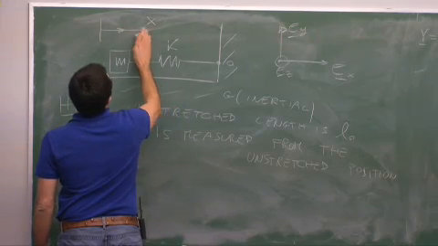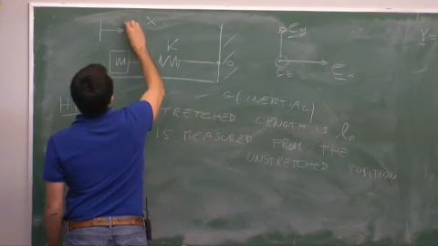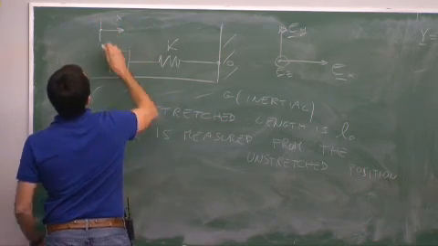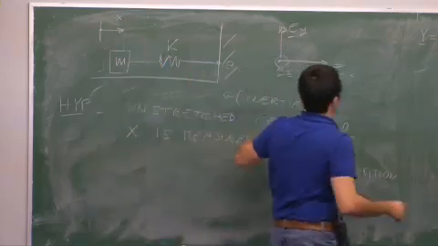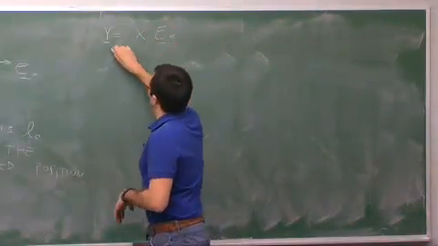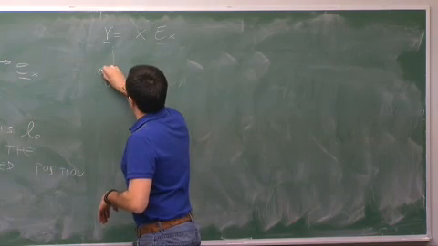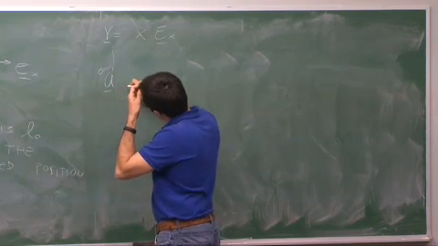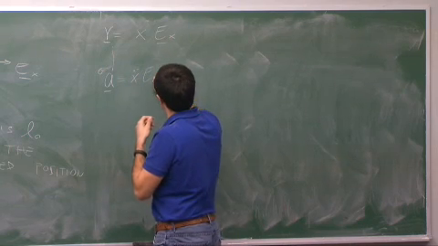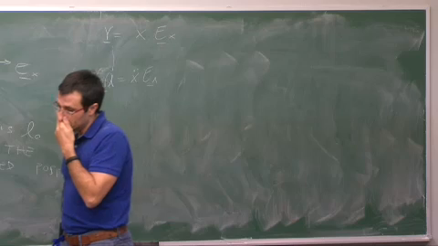If you want to be a little more accurate with this drawing, I'm not that great when I draw stuff, this is the X, this is the zero when it's unstretched, and then I count positions using that variable, X EX. So, long story short, the acceleration of that mass in the inertial reference frame is x double dot EX. Fine.